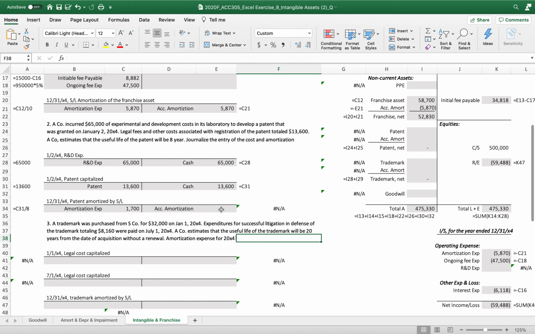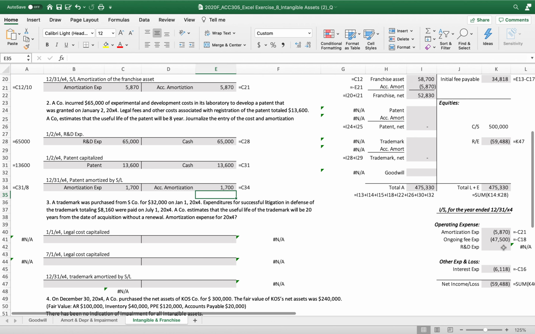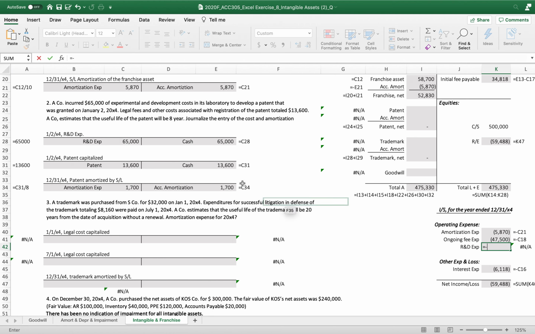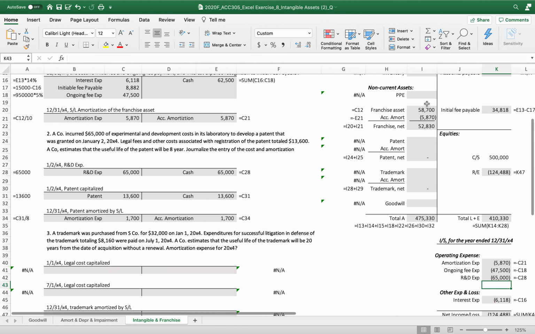Once we use it, we should allocate the cost of this patent. So we put the patent here, starting from the R&D expense. Where is R&D expense? Okay, there we go. The R&D expense. And then cash out.